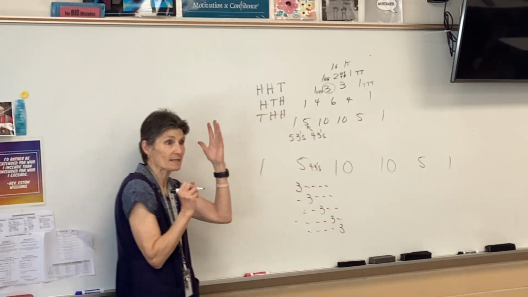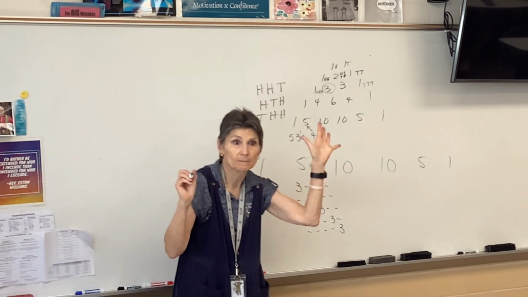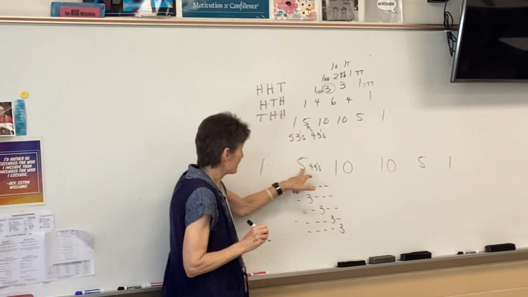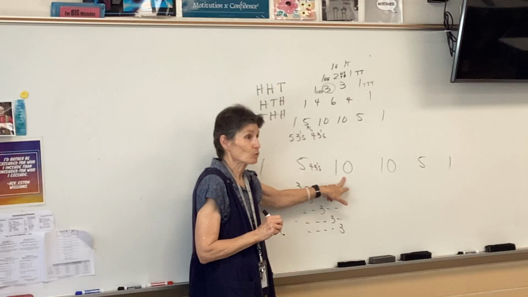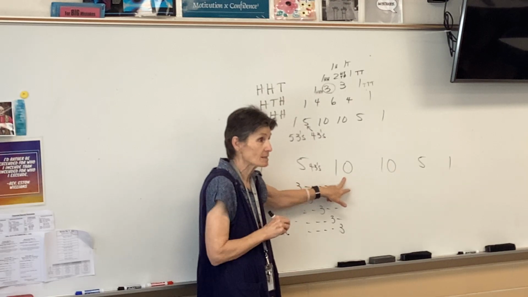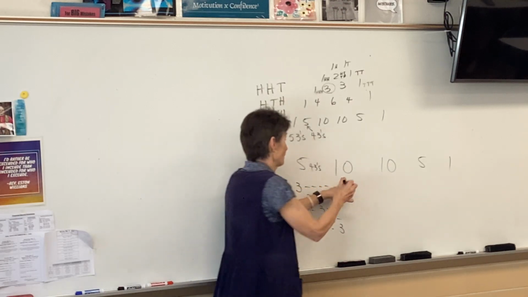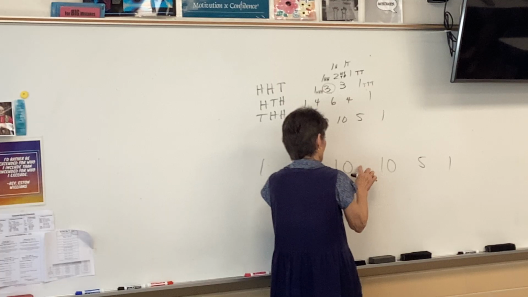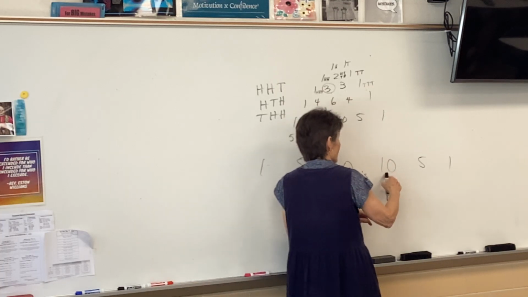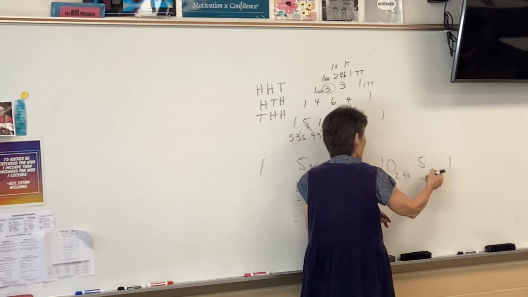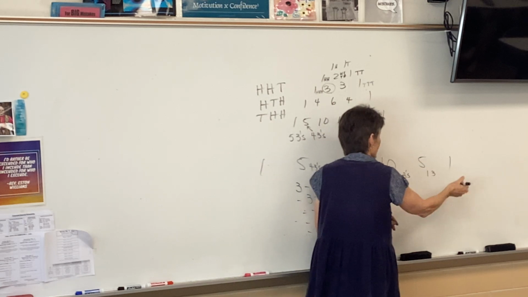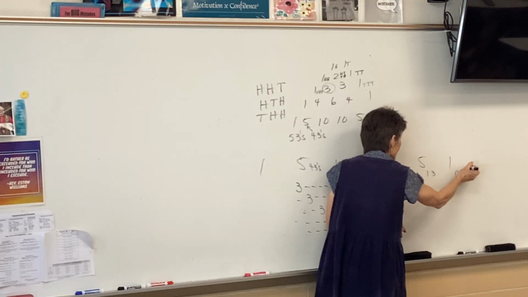I could get it 1st, 2nd, 3rd, 4th, or 5th. So that's what that means. 4 threes. What do you think this one means? 3 threes? 10 ways to get 3 threes. Ways to get 2 threes, 5 ways to get 1 three, and 1 way to get no threes.